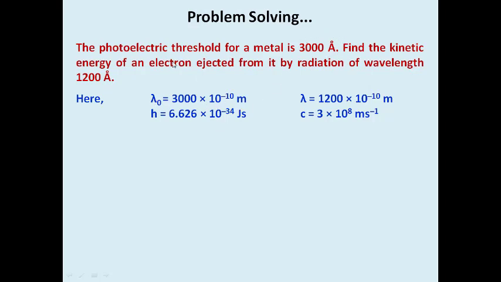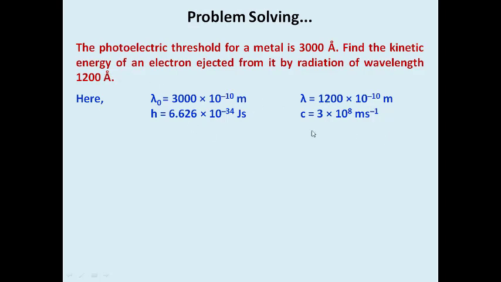So the threshold wavelength is lambda naught equal to 3000 angstrom, and they expect the kinetic energy of the electron ejected by applying a wavelength of 1200 angstrom.